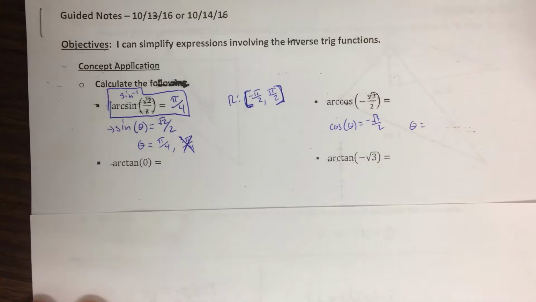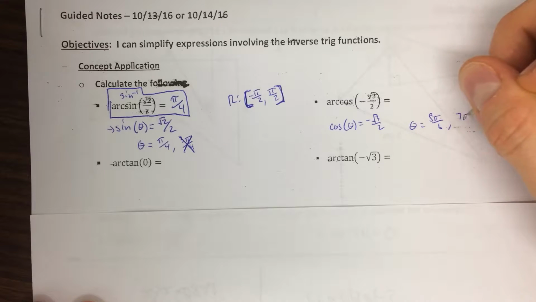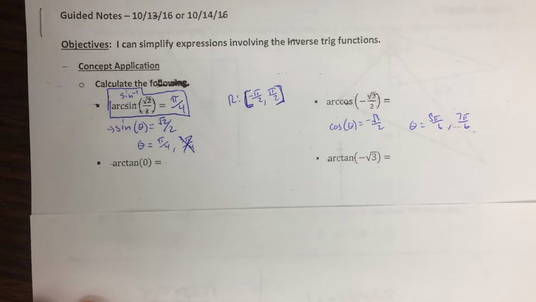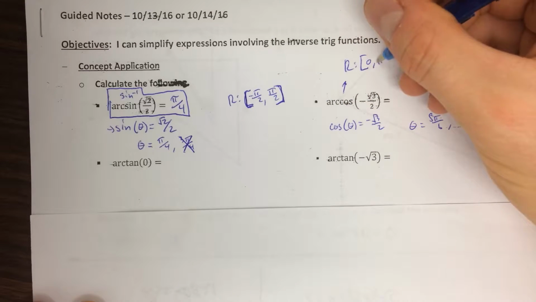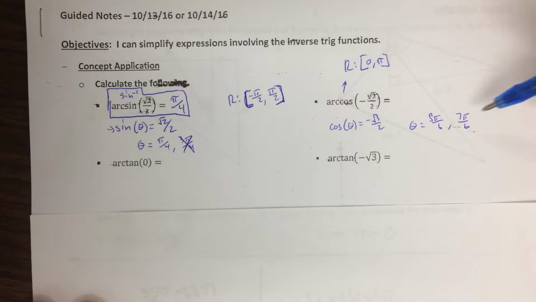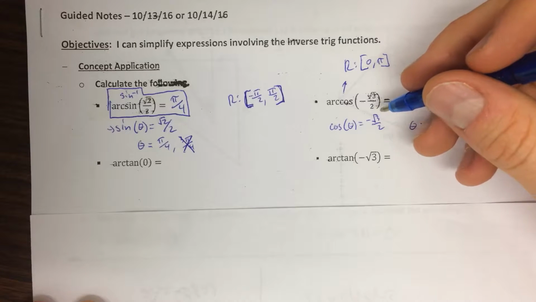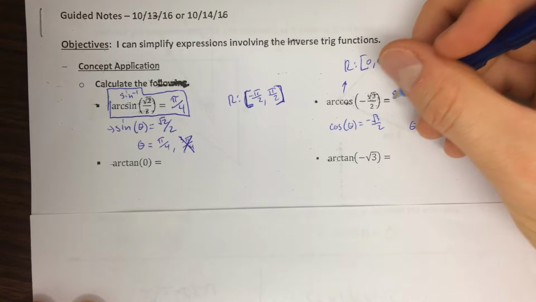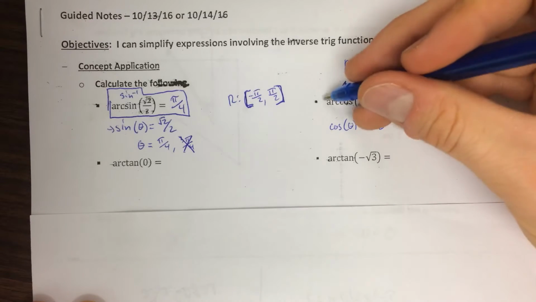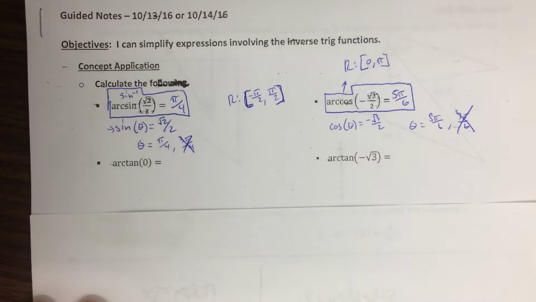Again, theta here could equal 5 pi over 6 or 7 pi over 6. But the range for arc cosine was from 0 to pi. And 7 pi over 6 falls outside of that range, so it can't be 7 pi over 6. So arc cosine of negative square root of 3 over 2 would be 5 pi over 6. And there's our value.